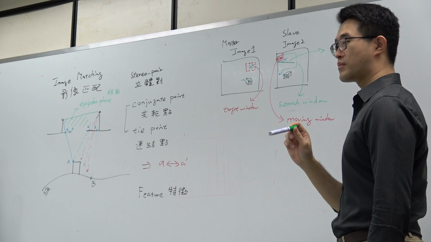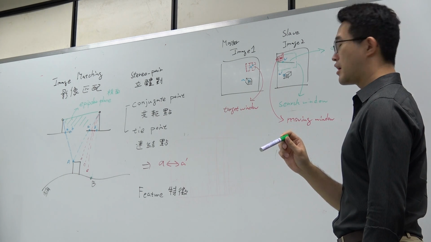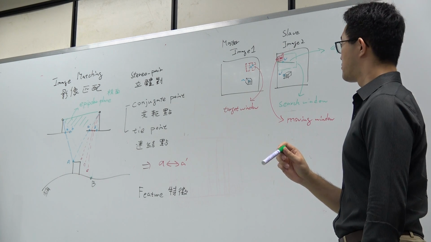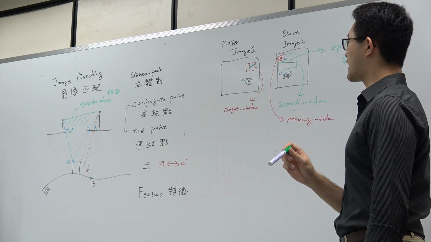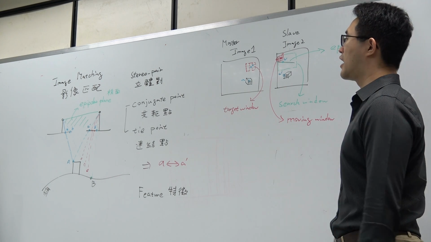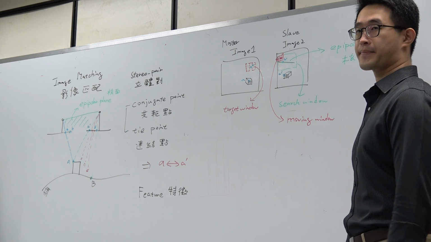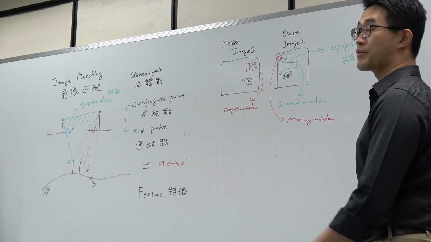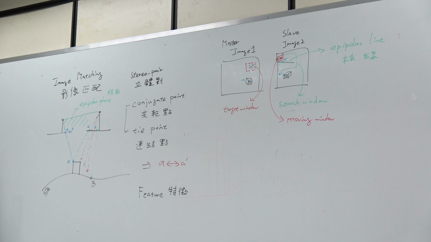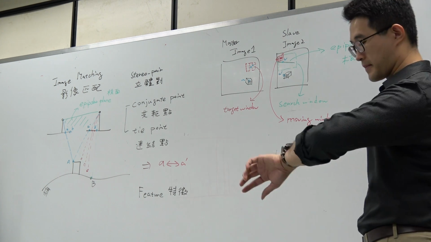We can just move our moving window along this epipolar line, because those are the pixels that can form the required image geometry, right? Which means that the two light rays can intersect. Okay. So in this case, you can largely reduce the time that you need to spend for the image matching.